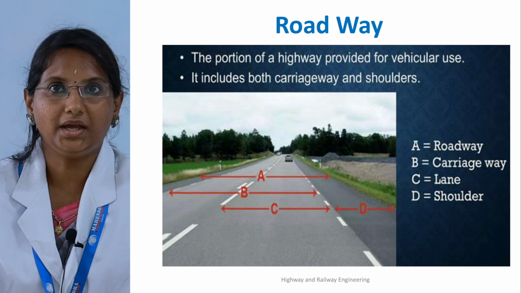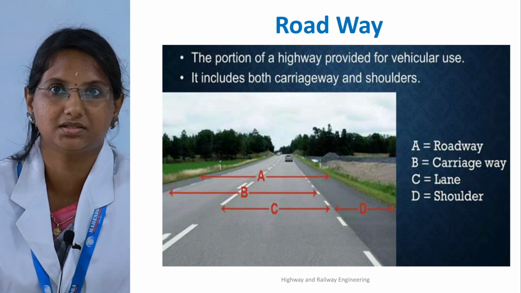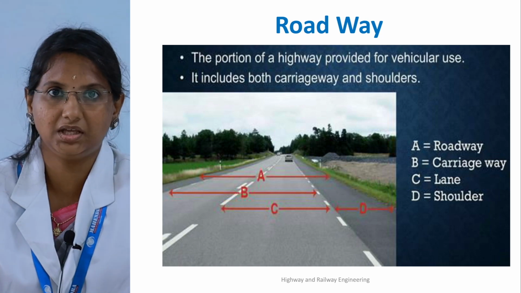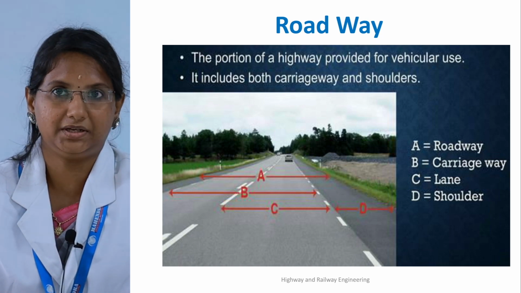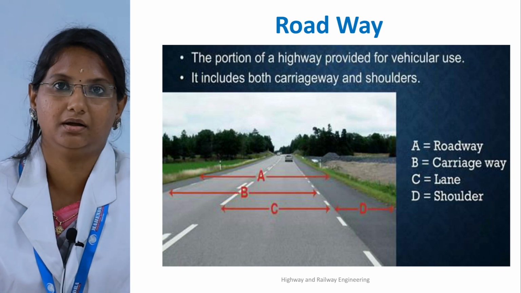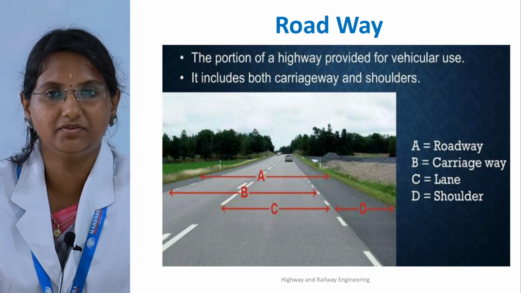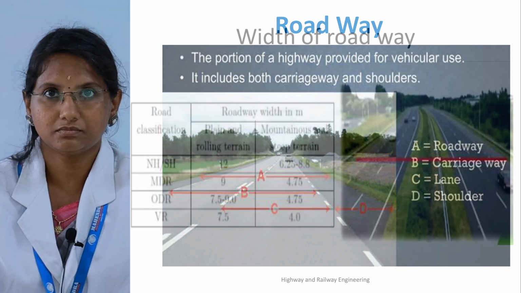Next one is the roadway. It includes both carriageway and shoulder. It's termed as a roadway. In the picture, A represents the roadway, B represents the carriageway, the marking C represents the single lane, and the marking D represents the shoulder.